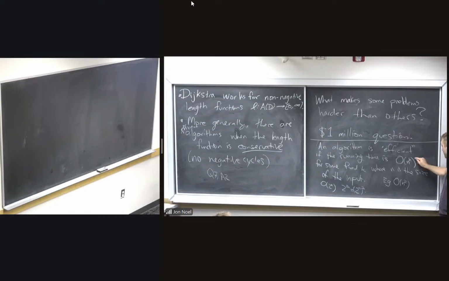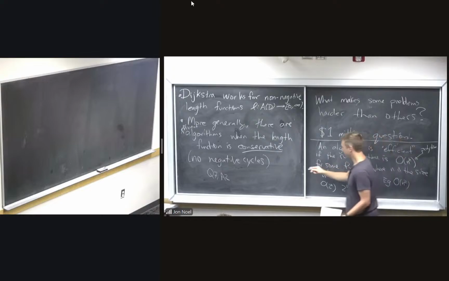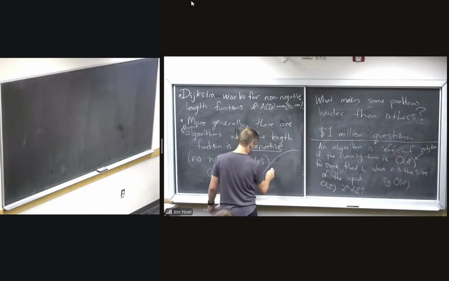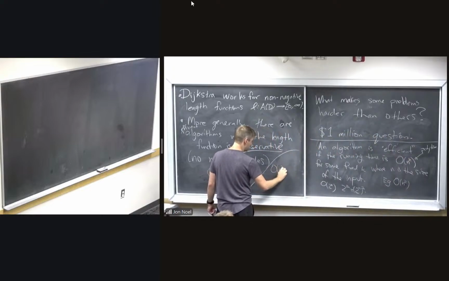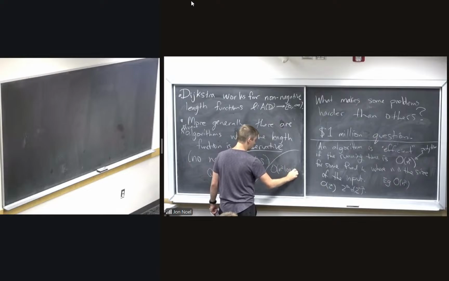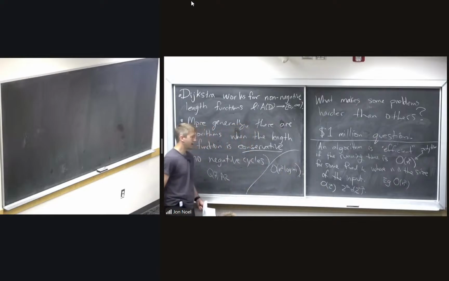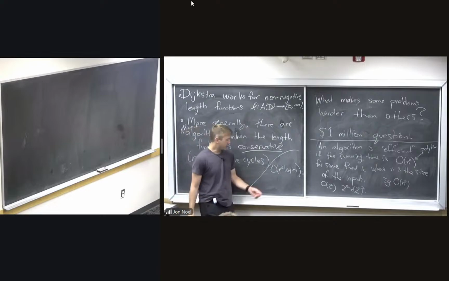We just call this polynomial time, or polytime. Of course, it might not be written like this. If I had an algorithm that ran in time big O of n squared log n, you shouldn't say this is not polynomial time because the logarithm is not a polynomial.